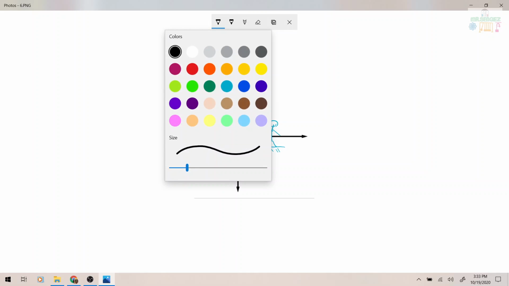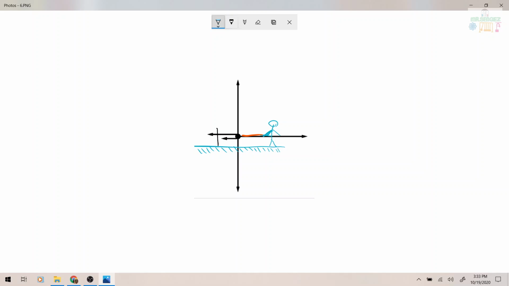Well, let me try a different color. So my object is this boat. Okay, but the boat is going to have something like this, so that wind is going to be effective from that.